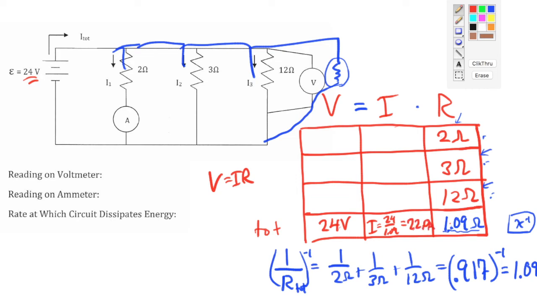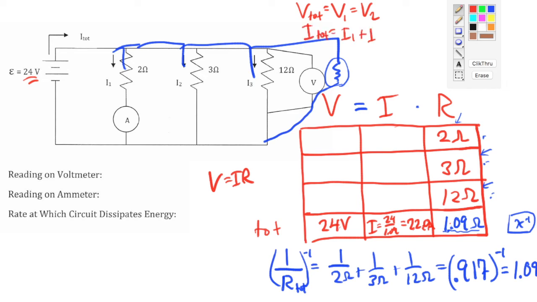So 22.0 amps, and last time we copied the currents all the way up. As soon as I figured it out for one, it was the same for all of them. That's not the case for parallel, though. In parallel, it's the voltages that are all the same and the currents that add up.